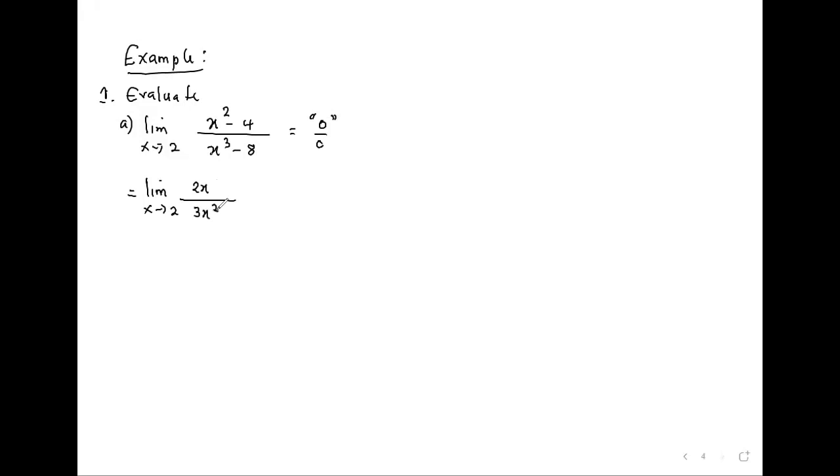Then you substitute 2. So we have 2 times 2 over 3 times 2 squared. 2 times 2 is 4 over 3 times 4, so this cancels, and you get 1 over 3.